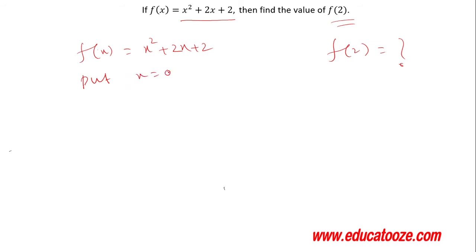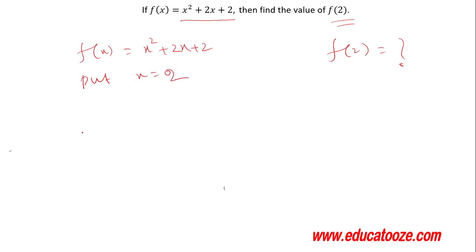It's given f of x equal to x squared plus 2x plus 2. We need to find the value of f. So let us write f of x equal to x squared plus 2x plus 2. Now put x equal to 2 in the above expression.